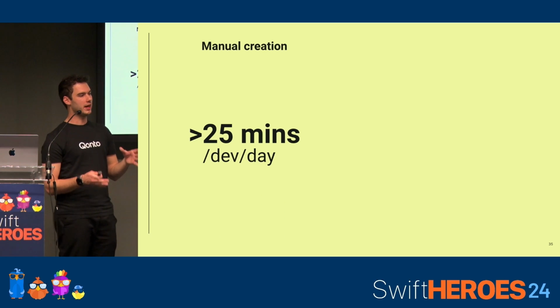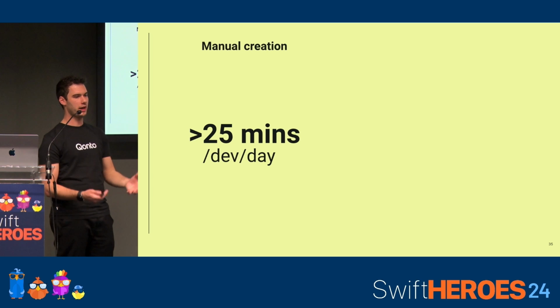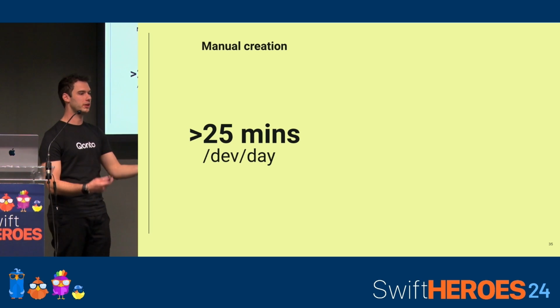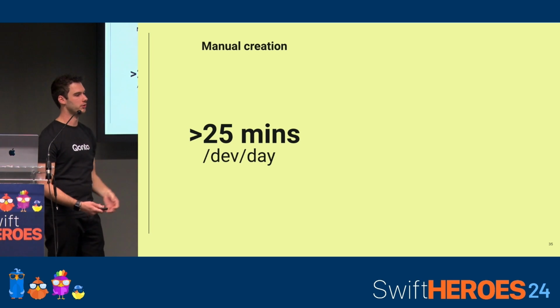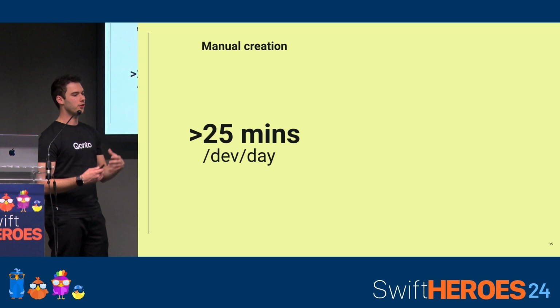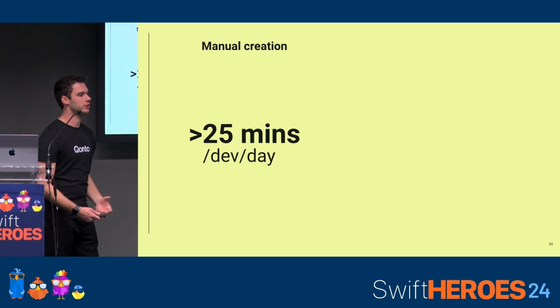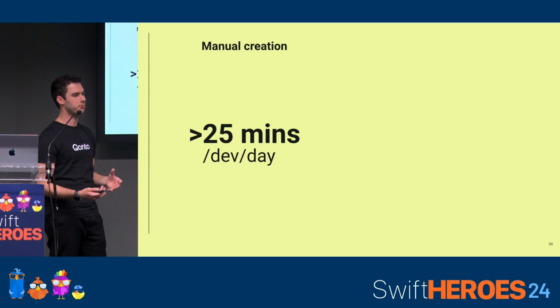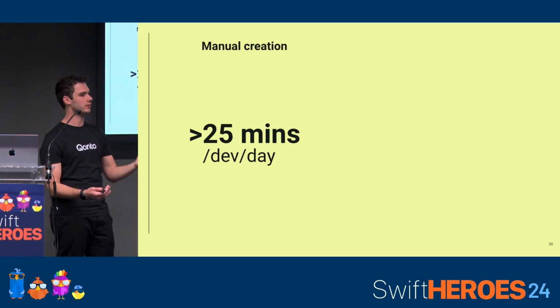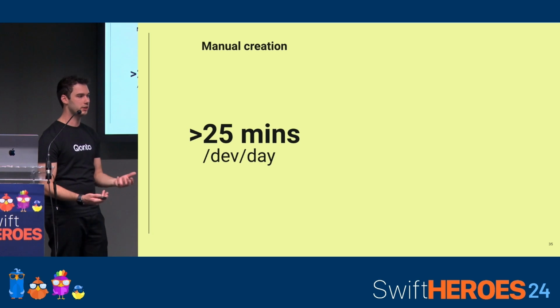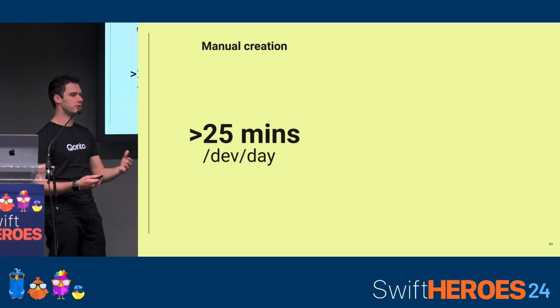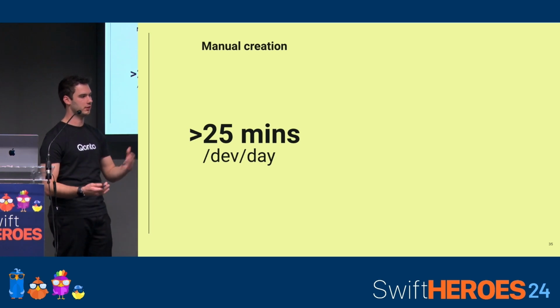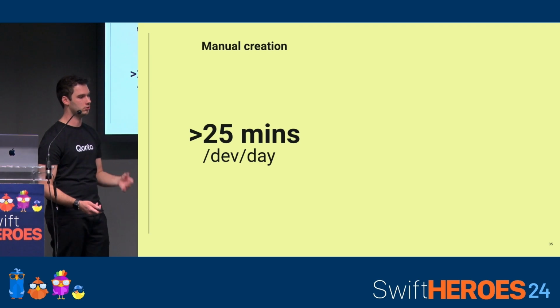So now we wanted to estimate how much it would actually take our team to create mocks manually in day-to-day work. We thought about a best case scenario of at least 25 minutes a day per developer writing mocks manually. This is calculated by having maybe 5 minutes at minimum writing a mock manually, and let's say you want to test 5 different things, so 5 different mocks that you need to create.